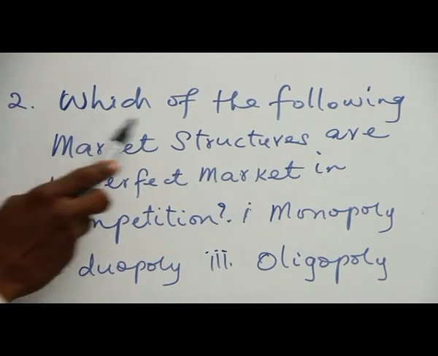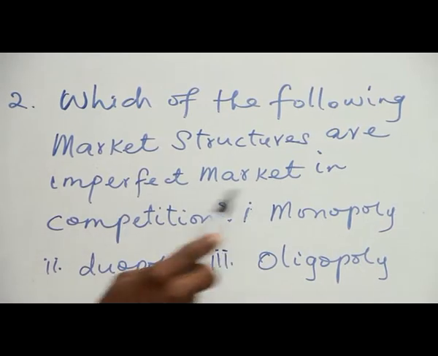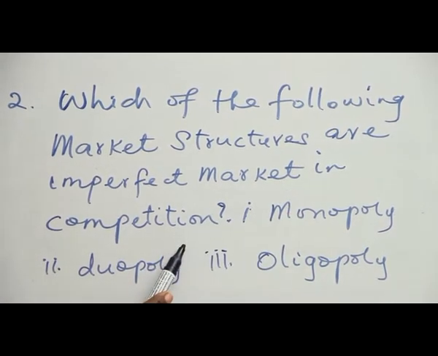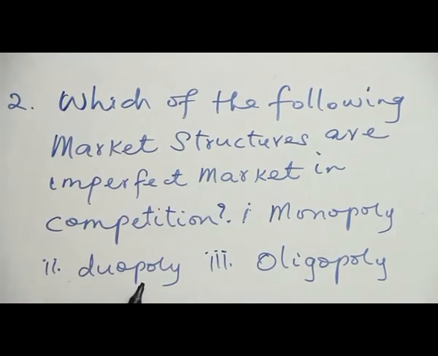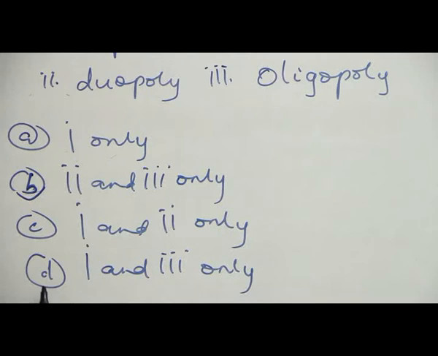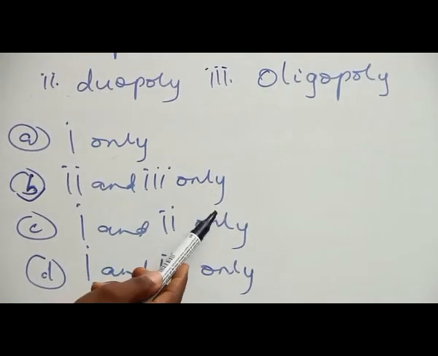Question 2. Which of the following market structures are imperfect markets in competition? Roman figure 1, monopoly. Roman figure 2, duopoly. Roman figure 3, oligopoly. A. Roman figure 1 only. B. Roman figure 2 and Roman figure 3 only.